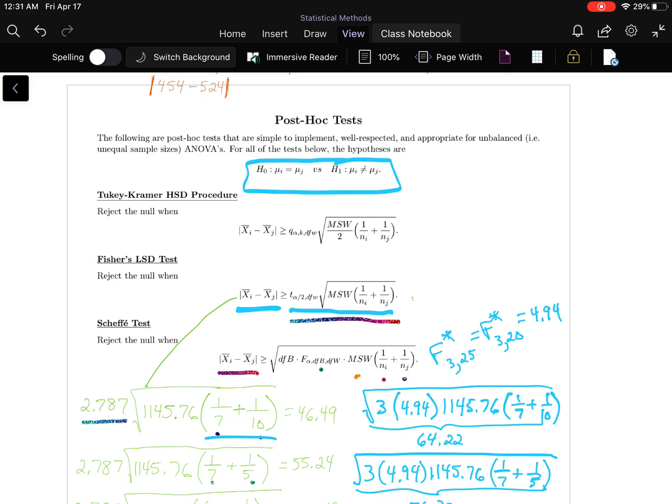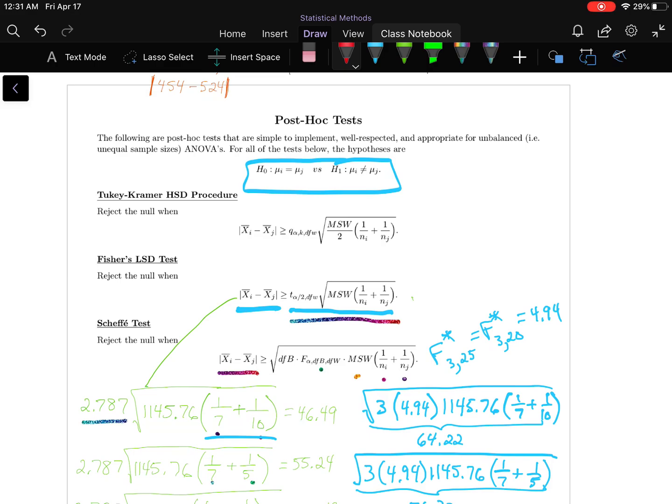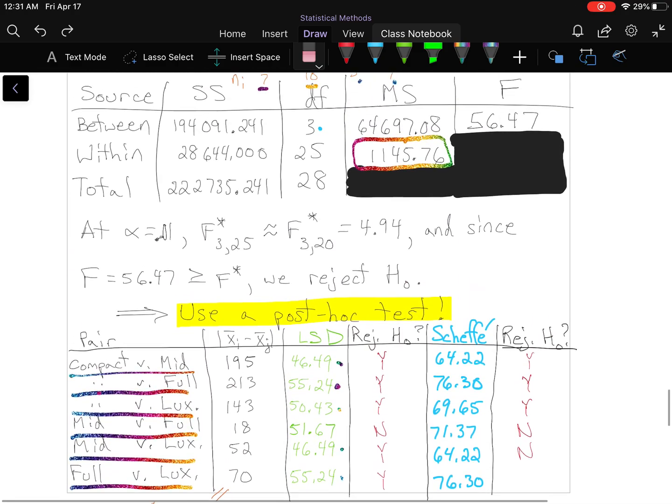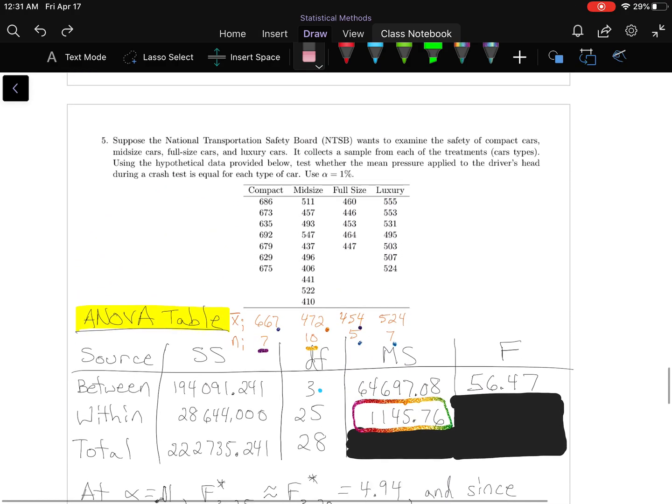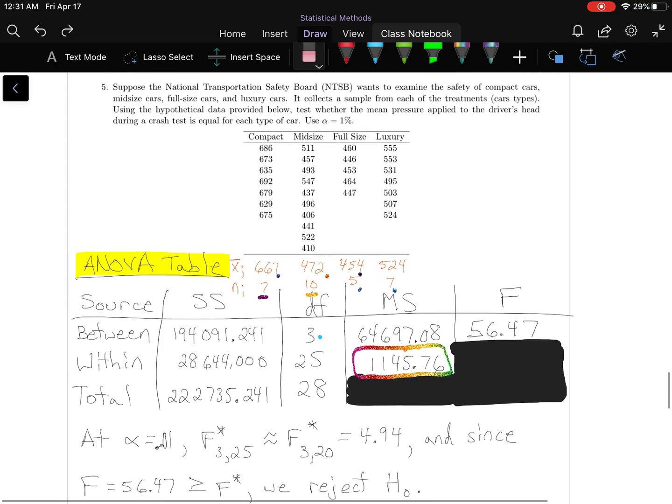Before we get to applying these formulas, let's take a look at problem 5. So problem 5 wasn't one that I had shown a solution for in the video, but at this point you should have completed attempting the remaining problems on your own, and this was one of those.